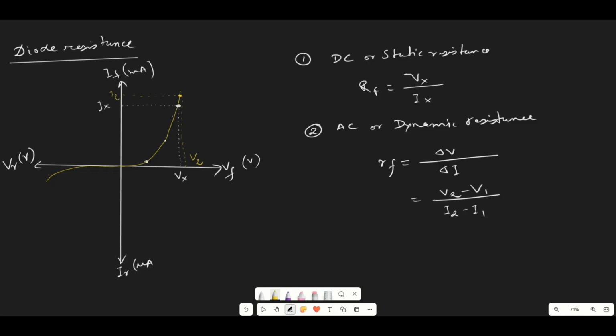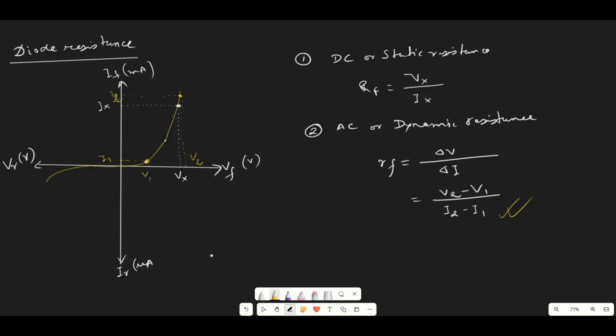Now we are taking another point, suppose somewhere here. So we have V1 and we have I1. So the dynamic resistance is given by this relation, where we subtract V1 from V2 and I1 from I2, and the ratio will give us the resistance.